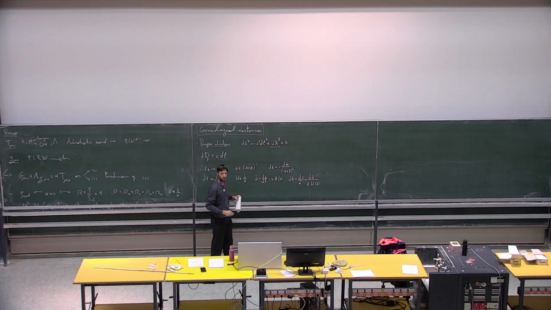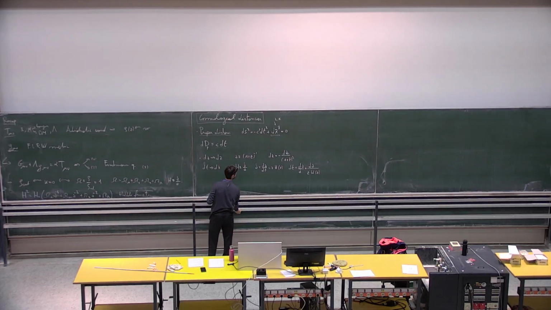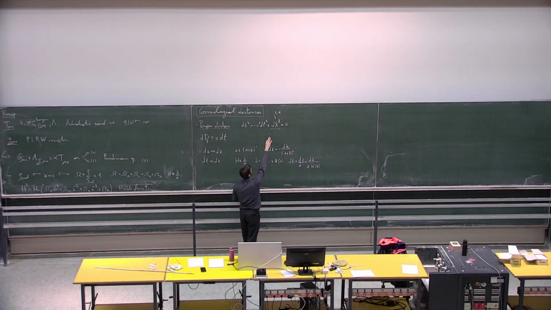Yes, exactly, yes. So a and k are inside here, are hidden. But whatever is happening there is a length to the power of 2. That's it.